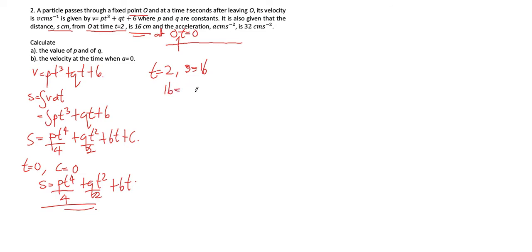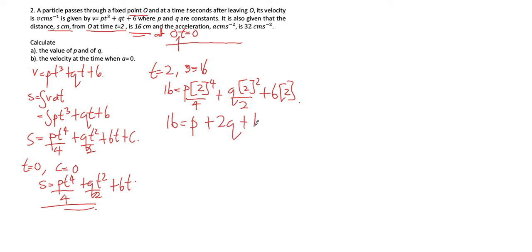So 16 equals p times 2 to the power of 4 over 4, plus q times 2 squared over 2, plus 6 times 2. That's 2 times 2 times 2 times 2, so that gives us 4p, plus 2q plus 12.